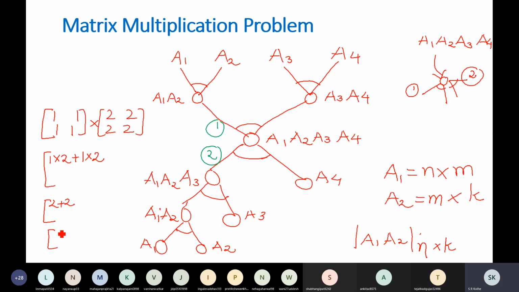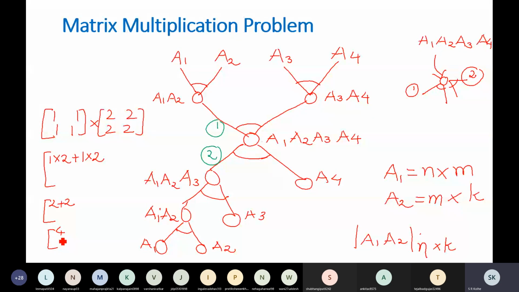So this element will be 4. How many multiplications have you performed to get the first element? 2 multiplications and 1 addition, but the time required for multiplication is quite high as compared to addition. So we will only consider multiplications.